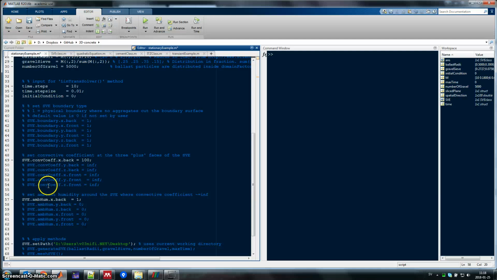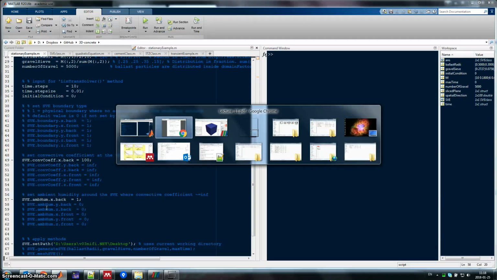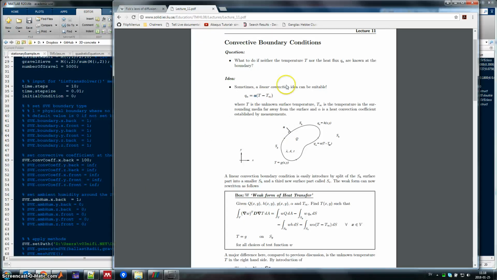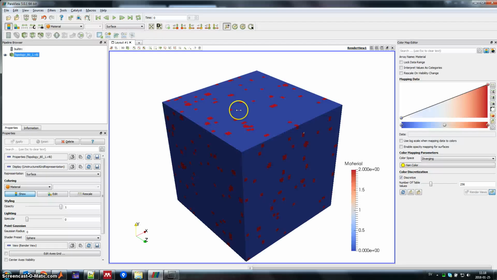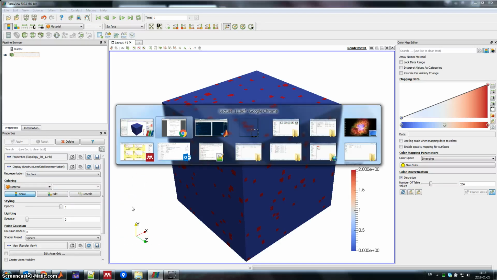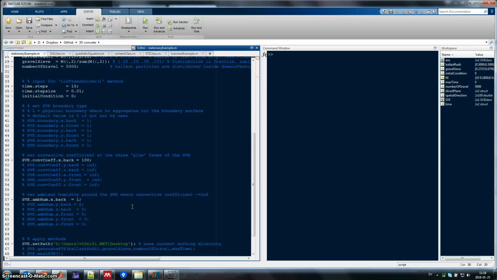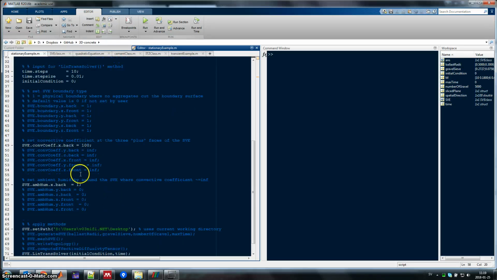both the convective coefficient and then hum, which is short for ambient humidity, and this is this value, T infinity. This is the ambient humidity or the ambient chloride concentrations, whatever value you have outside the SV. Okay, so you set this, and again, these are model parameters.